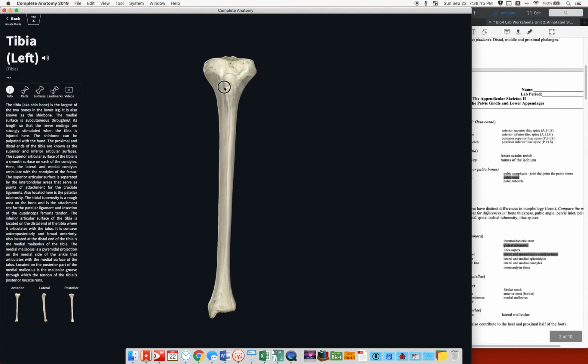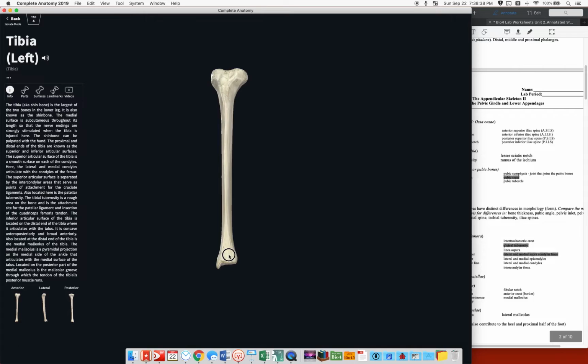You have to be able to tell what is medial and what's lateral. You should also note that, like in your upper extremity, where the smaller bone, the ulna, is located more medially, in the lower extremity the fibula is located more laterally.